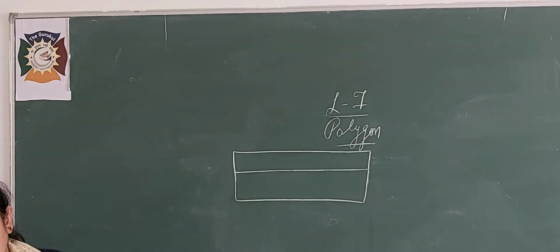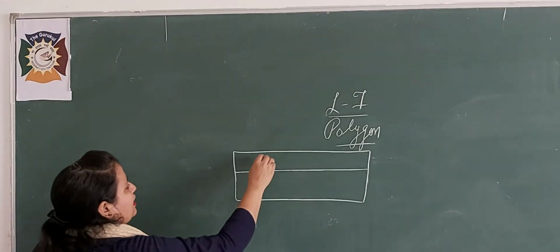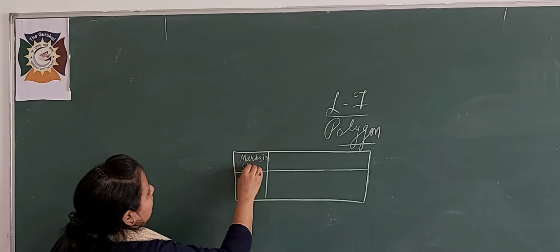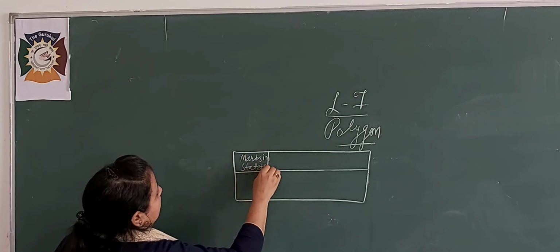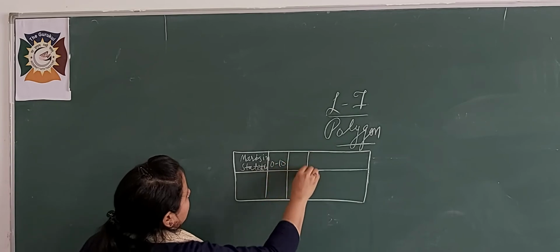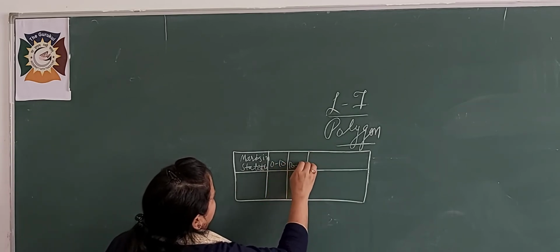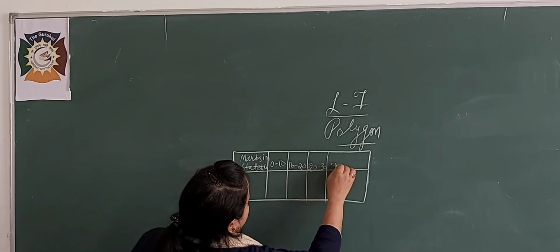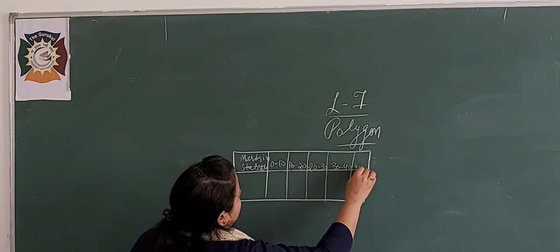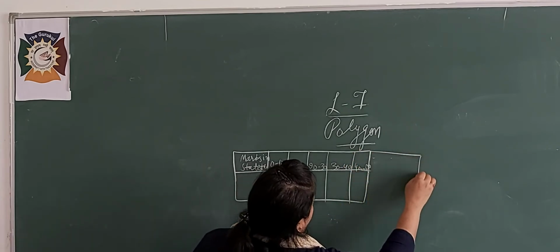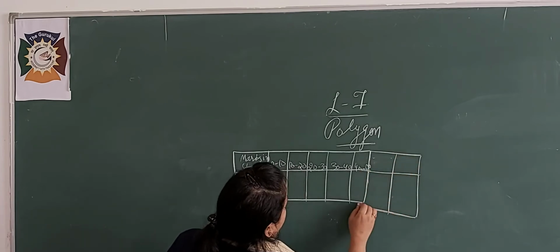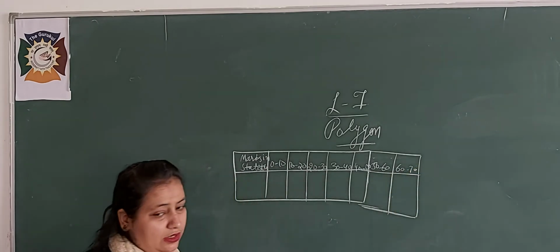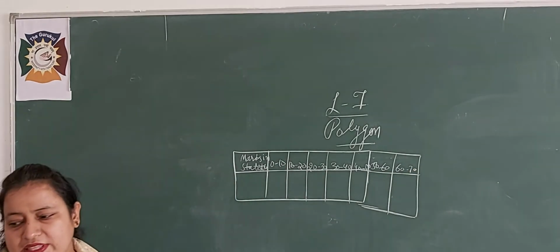Marks in statistics: 0 to 10, 10 to 20, 20 to 30, 30 to 40, 40 to 50, 50 to 60 and 60 to 70. And the number of students means frequency.